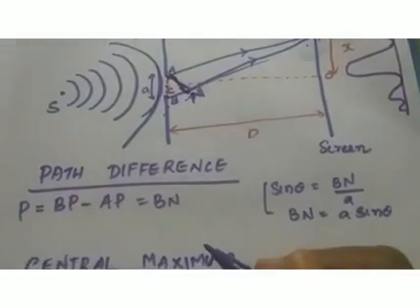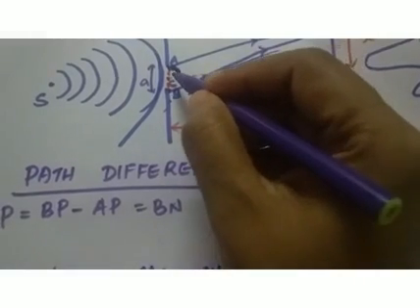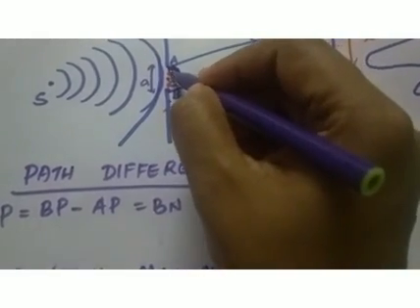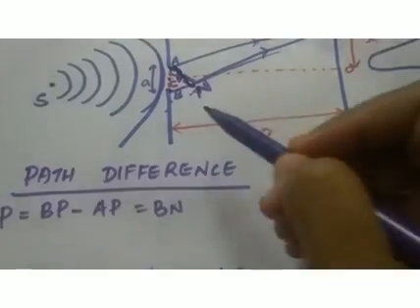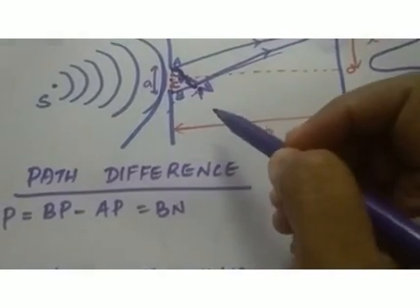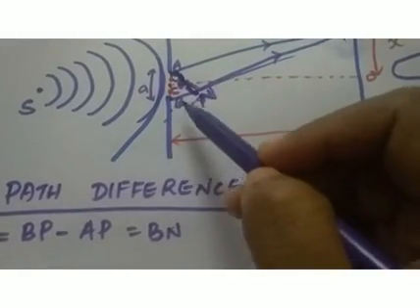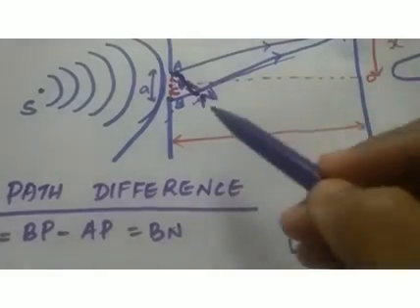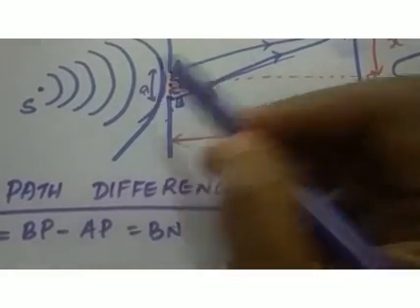And we should find out an expression for BN. For that we must consider this as a right angle triangle where this is theta. Okay, this is the angle theta, and find out sine theta from this triangle. Sine theta is opposite side by hypotenuse. Here the opposite side is BN and the hypotenuse is AB, and this AB is equal to a.